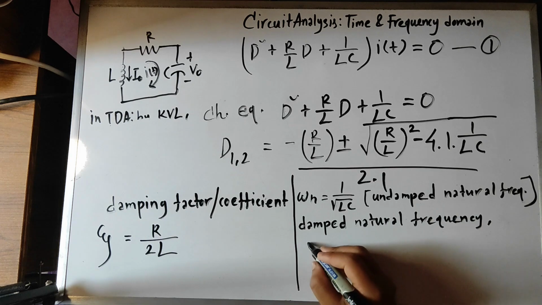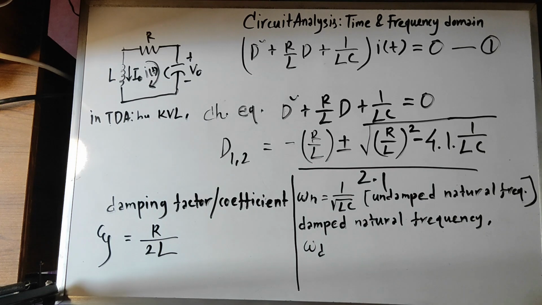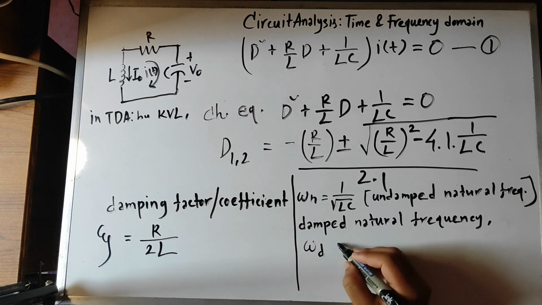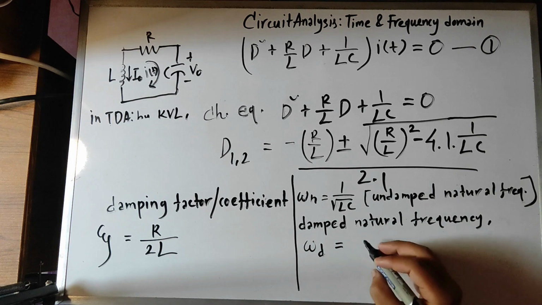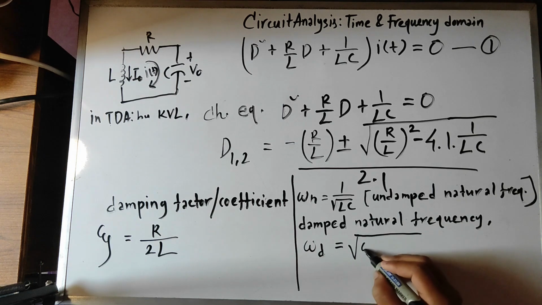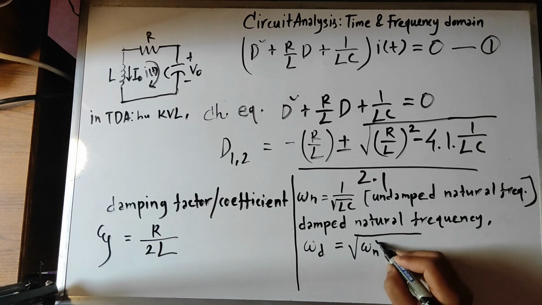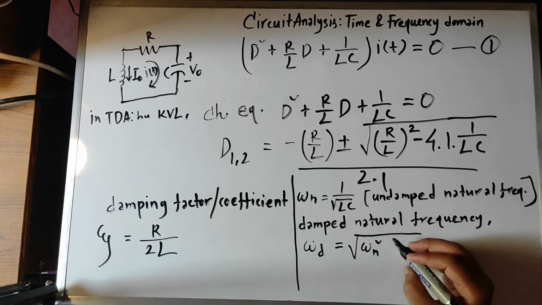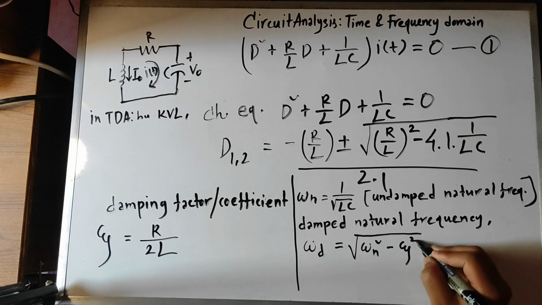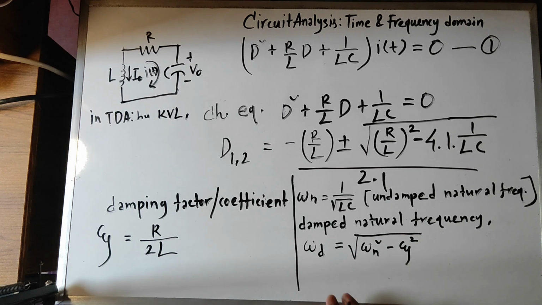We are going to express this by omega d, which is root over omega n square, the natural frequency, minus zeta square, the damping coefficient or damping factor. This is the damped natural frequency.